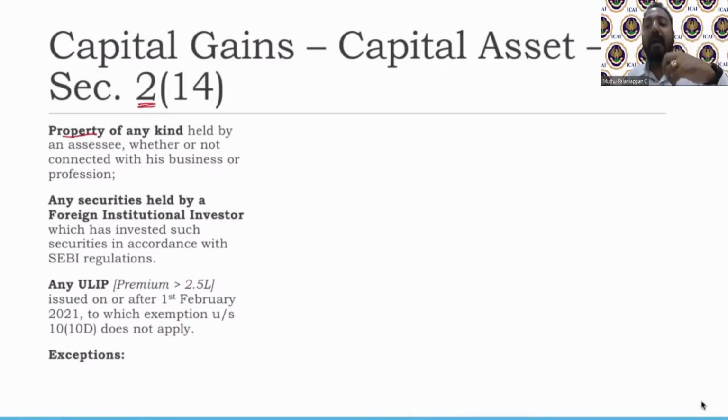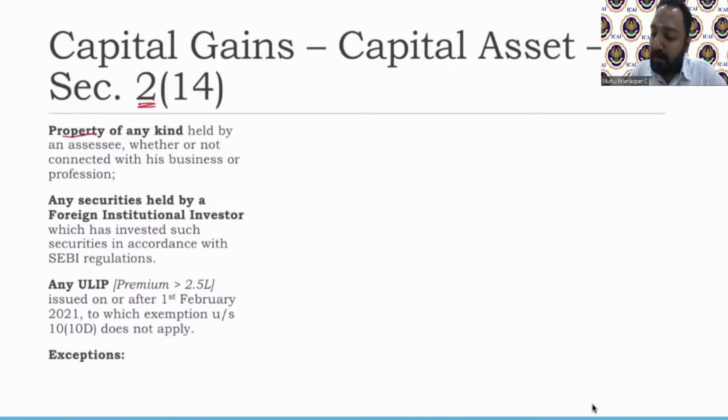In almost all the acts, section 2 is a definition section, not restricted to income tax alone. Generally, definitions are alphabetically arranged, from A to Z. Your capital asset comes in clause 14, being C, it comes in the earlier numbers itself. So it's clause 14. This talks about any business or profession, it need not be connected with business or profession. It does not stop there. It goes on.